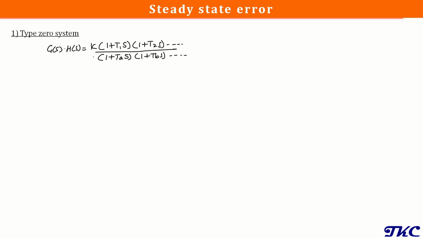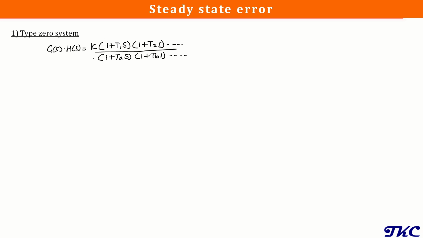Why? Because we have already learned in previous lectures that in order to find the type of system, we need to see in the denominator whether we have any pole at the origin. So the number of poles at the origin determines the type of system. So how can we extract from this transfer function whether we have any pole at 0 or not?